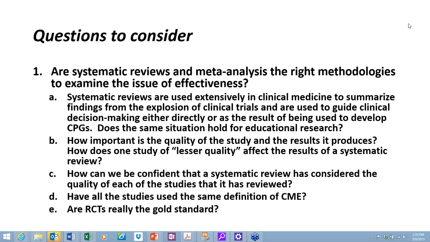And so the generalizability of an RCT for program level interventions is really problematic. And I think we have to use, and use more than we have in our field, program evaluation strategies that are designed to answer those kinds of questions.